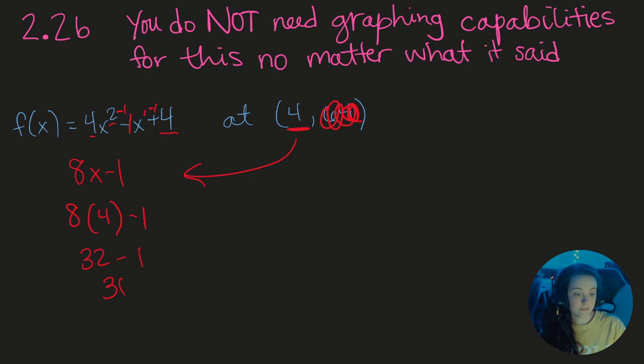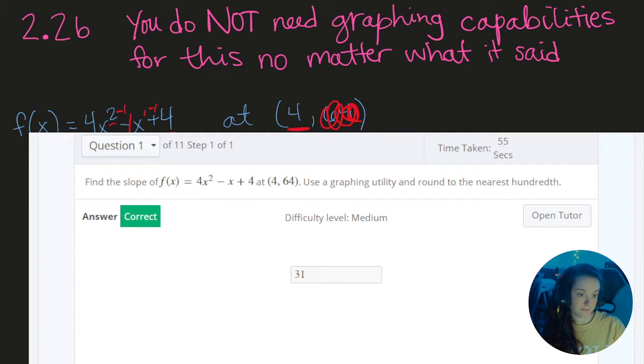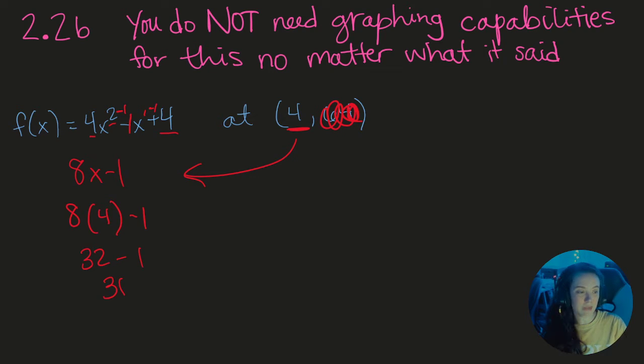And that is, in fact, what it said was correct. That's all it's wanting you to do. It makes it seem like it's much more difficult. It tells you to round to the nearest hundredth. You don't even need to do that. I think it just says that to trip you up so that you get confused, which is kind of unfair.